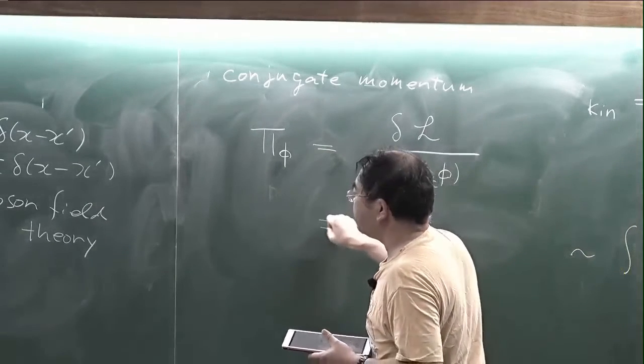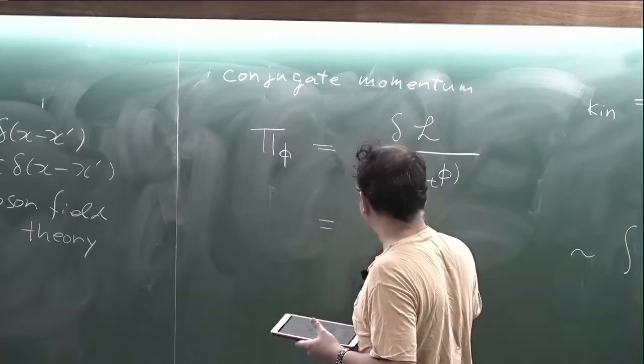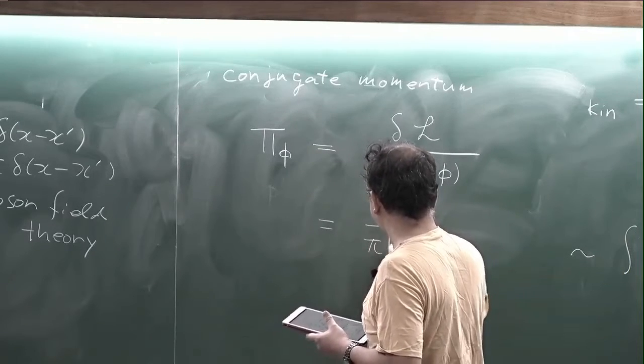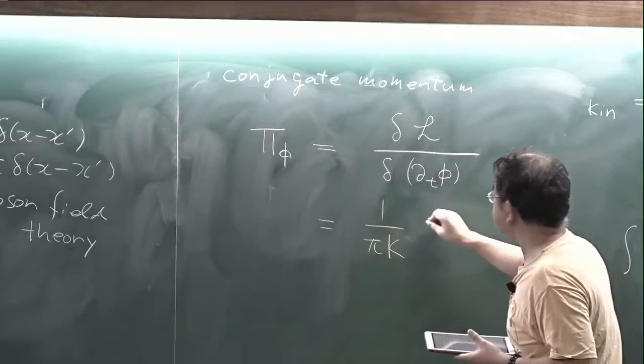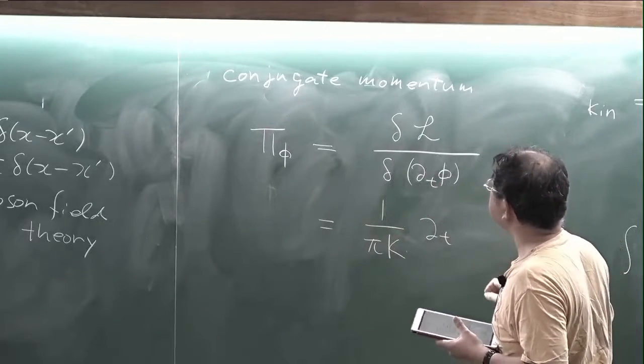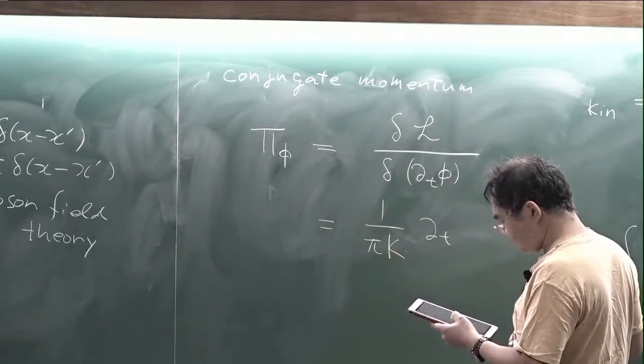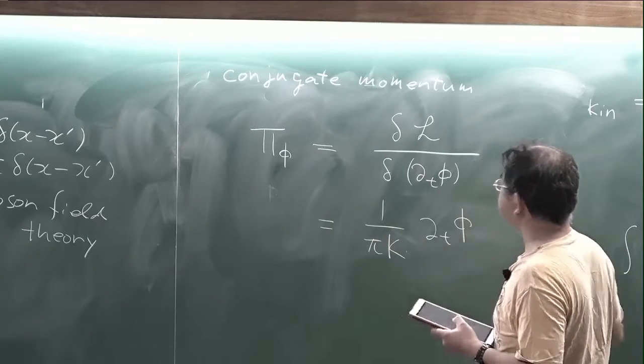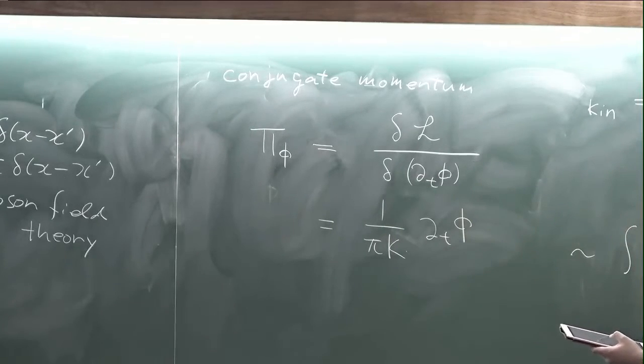Then what you get is 1 over pi times k dt. And okay, so this is a conjugate momentum.